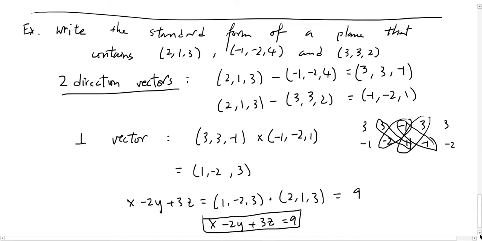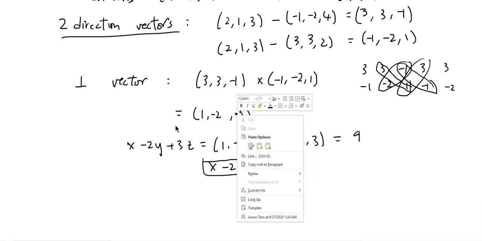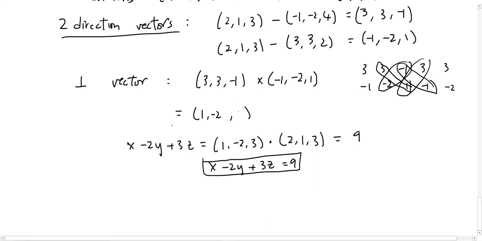Actually, I made a mistake right here. 3 times negative 2, this number is actually negative 3. My mistake, negative 3. Okay, let me fix this. Negative 3, because it's 3 times negative 2, which is negative 6.